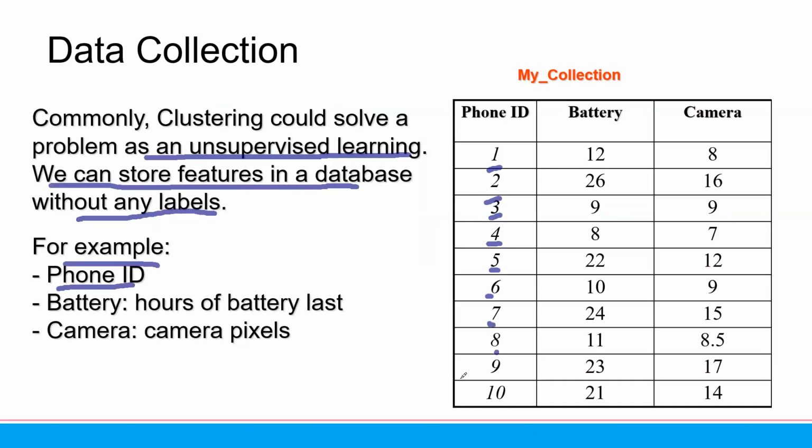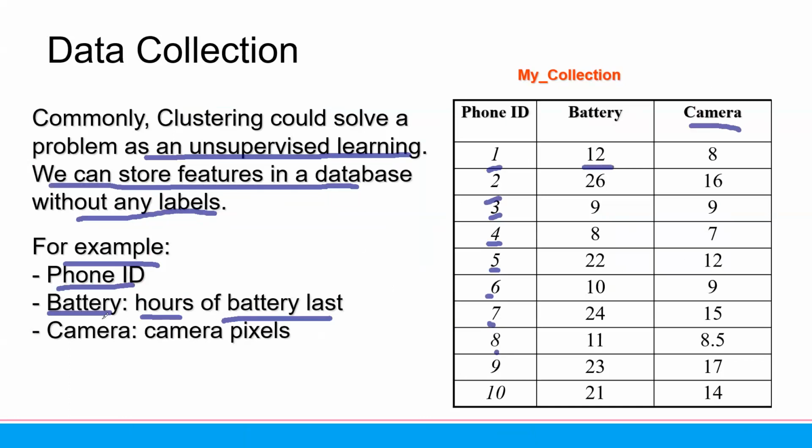So I would like to know, based on this data, can I make some characteristics? Let's say the battery means how long the battery can last, in hours. So phone number 1, the battery will last for 12 hours.